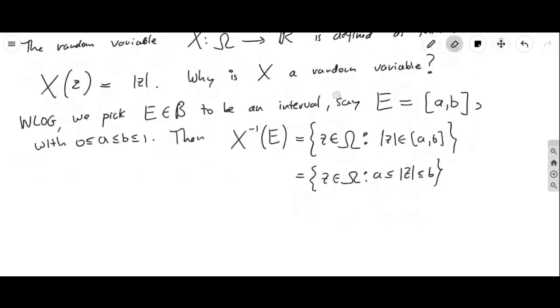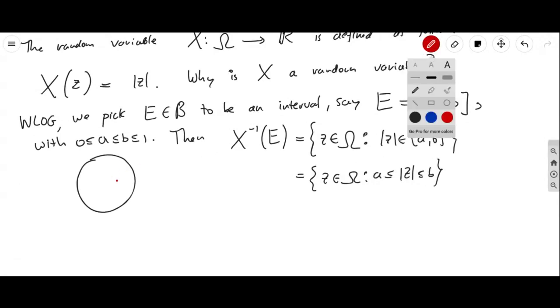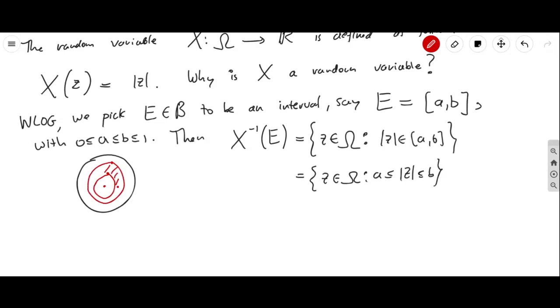So we're assuming for now, for simplicity, that A and B are numbers between 0 and 1. This is the center, and you're interested in the complex number being between A and B, so that would be the pullback. This is basically the picture.